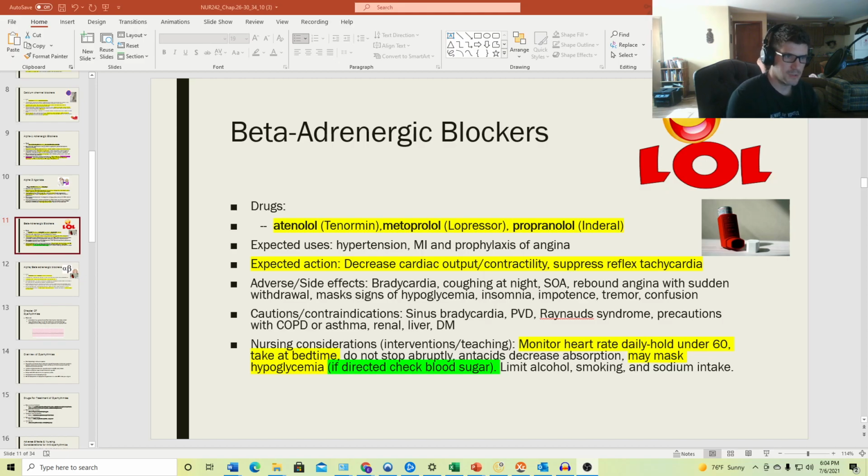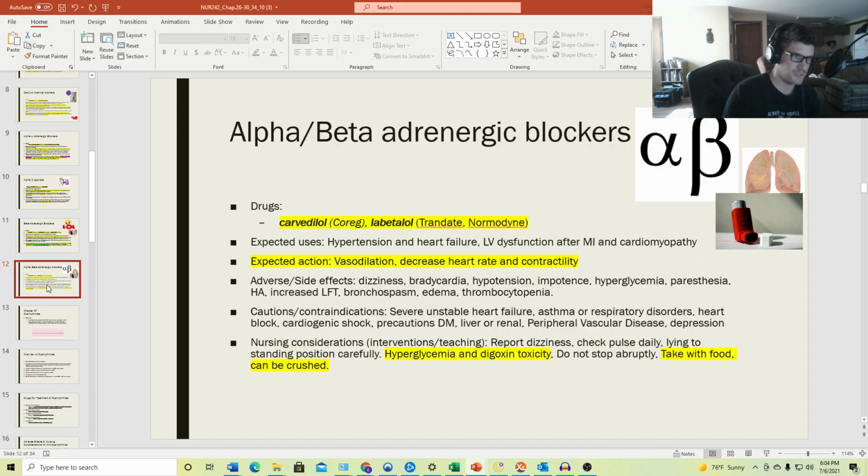Beta blockers end in OLOL, not just LOL. So atenolol, metoprolol, and propranolol, they all end in OLOL. And the reason I point that out is if you go to the next page, the alpha beta adrenergic blockers also end in LOL, but it's ILOL and ALOL.